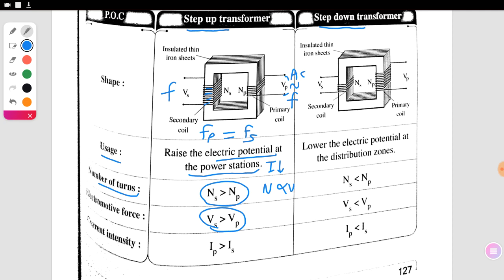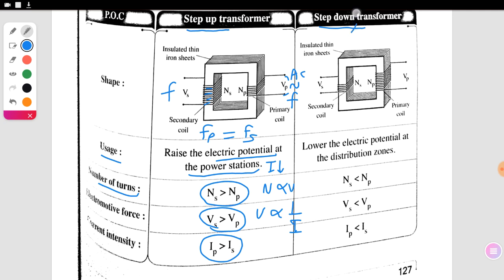While the current intensity is inversely proportional to the potential difference. This means that I secondary is less than I primary. In the last step, V secondary is greater than V primary, and in this case I secondary is less than I primary. This means that the potential difference is inversely proportional to the current intensity.